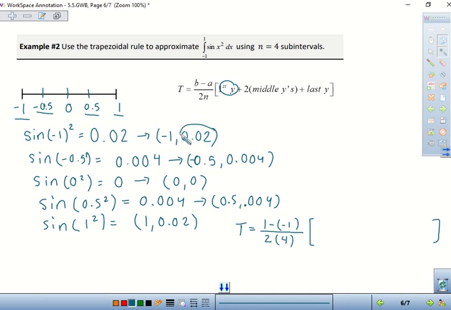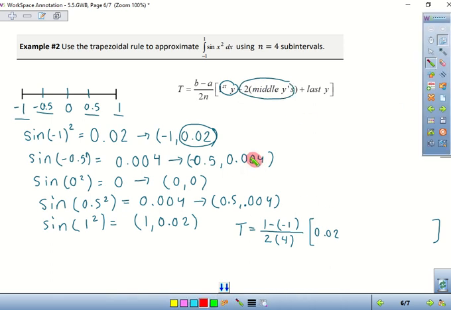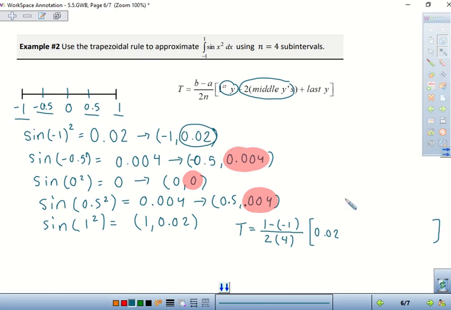So our first y value is this one here. And then the middle y's. So we have to determine what the middle ones are. That would be this one, and this one here. Those are all the ones in the middle. So I don't even have to include the 0 because it's just 0. It's not going to change anything.